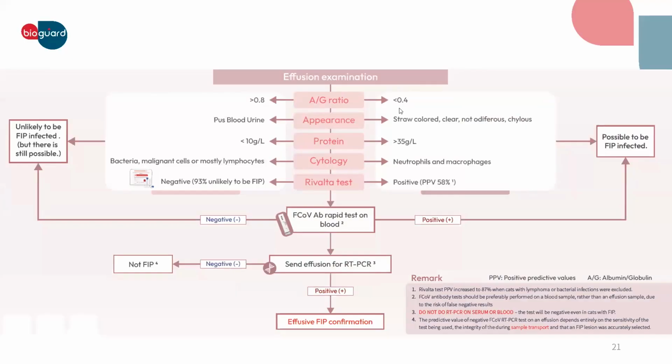So this is one sign. As I said, this is not the confirmatory test, but it is still very unique or close to FIP detection. The other proteins or other tests still have to be performed to really confirm, based on the understanding of whether it's an effusion or non-effusion kind of infection. So it has to be done through other tests as well, a combination of all the tests.